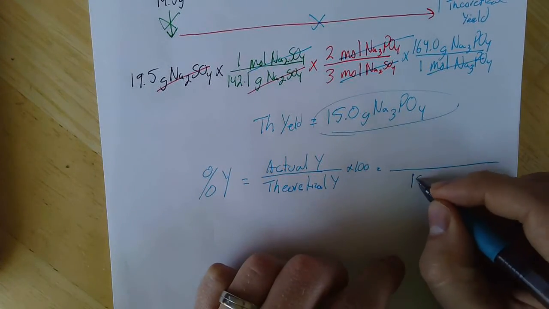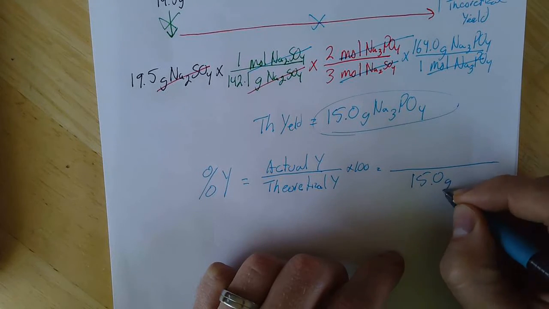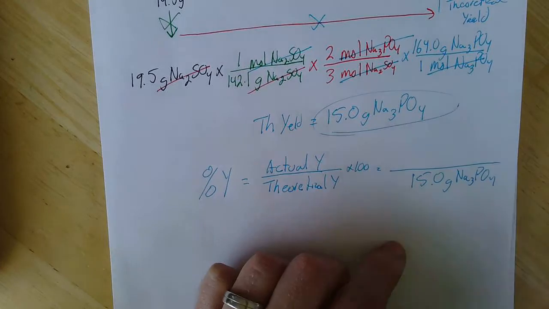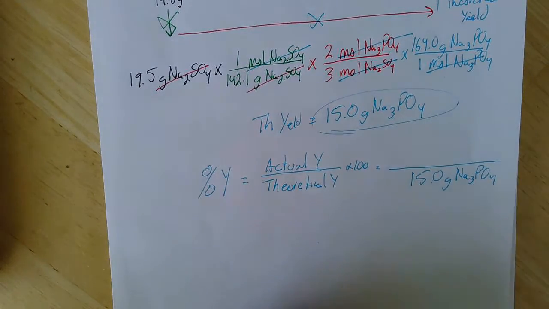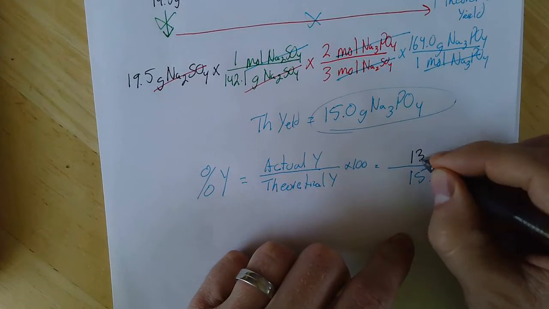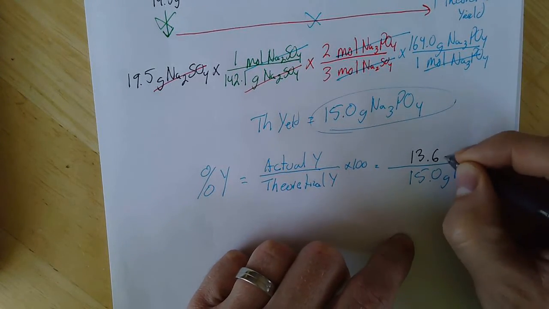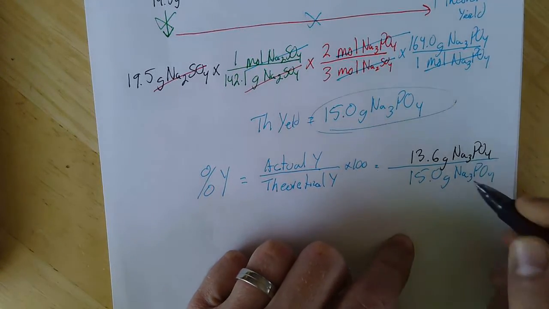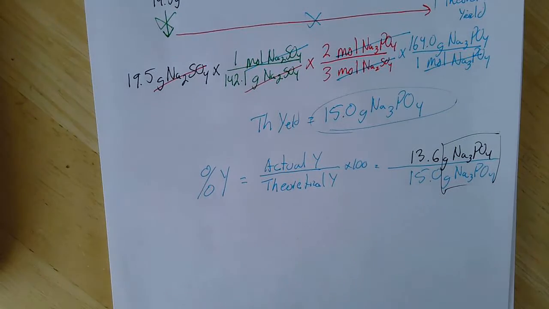So I'm going to write my 15.0 grams of Na3PO4 here. And what I'm going to put on top is what it said we produce. This is what we in a lab would have got. So I end up with 13.6 grams of Na3PO4. Notice these two things should be the same.